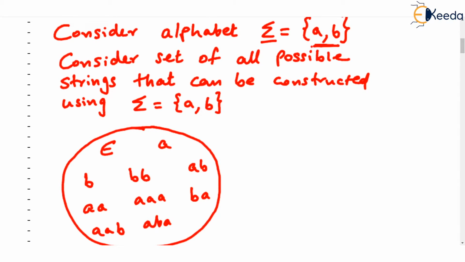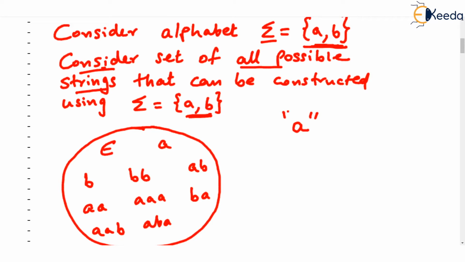You just consider sigma equal to a comma b again. So in our world, we are having only two alphabets, two characters, two letters, whatever you say, A and B. And we are allowed to take any string made up of A and B. So let's consider the set of all possible strings. Just check this. Whatever strings are possible that can be constructed using A comma B. Just ask yourselves which strings are possible that you can construct using A and B. Of course, you will say, I will take only A. This is a string. Come on, this is a string.